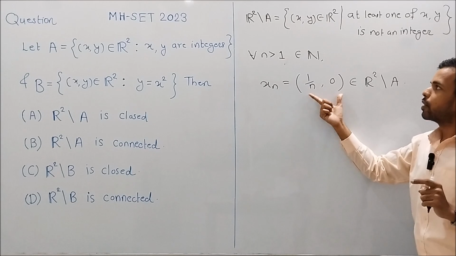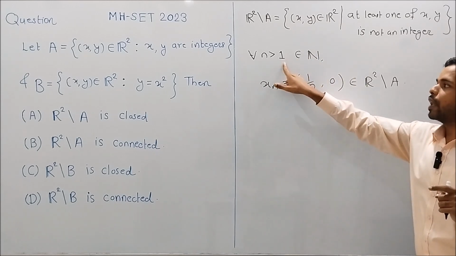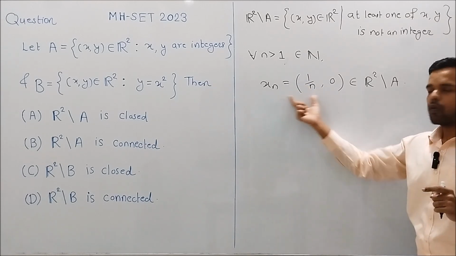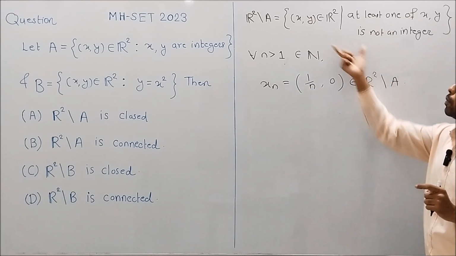So this ordered pair belongs to R2 minus A for every n greater than 1 belonging to the natural numbers. So this is a sequence of ordered pairs in R2 minus A.